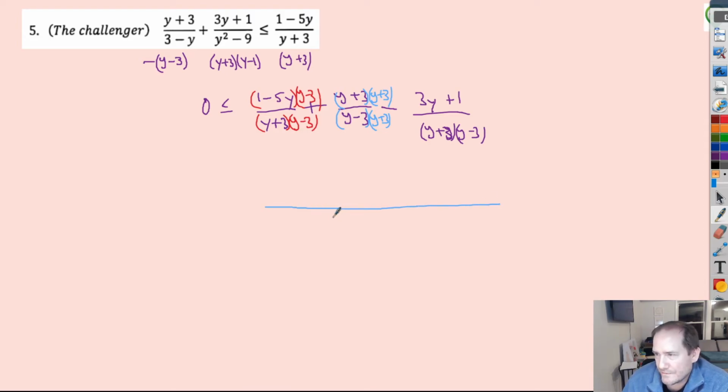I'm so far through this, I may as well just finish, huh? Your denominator will be y plus 3, y minus 3. Up here, you can expand this out. You'll get a y minus 5y squared minus 3 plus 15y.